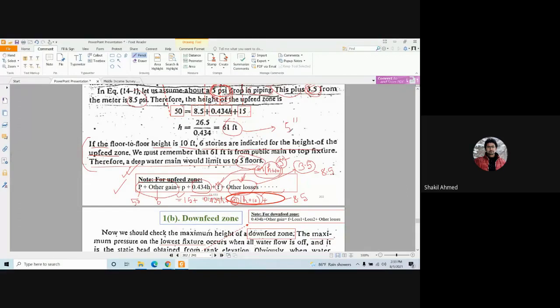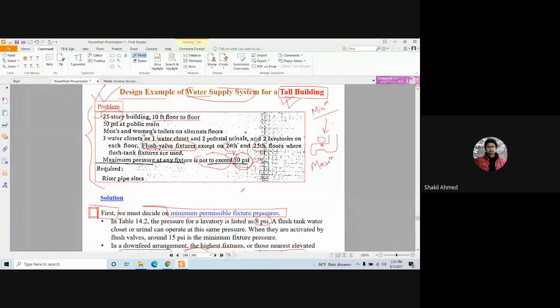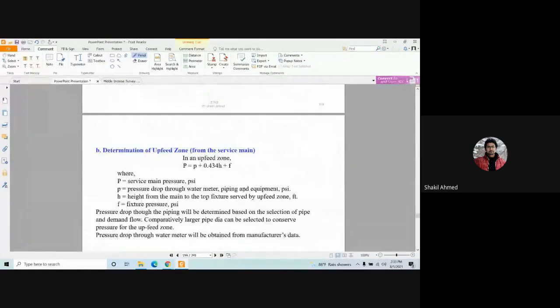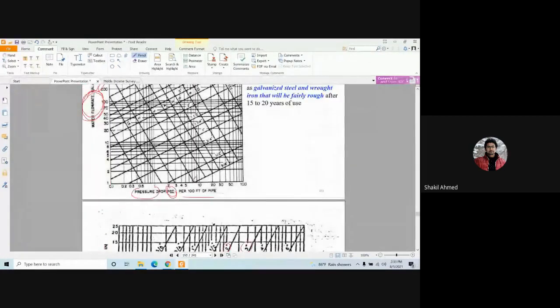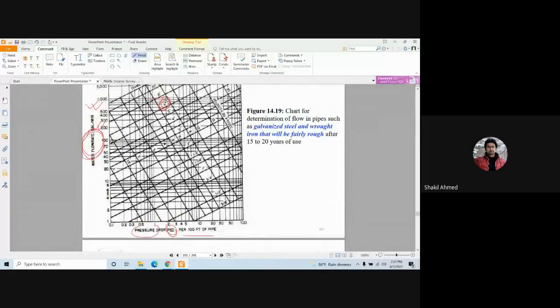Once you know the size of the pipe, for example 5 inch, then we will go back to the figure here and estimate the pressure drop.